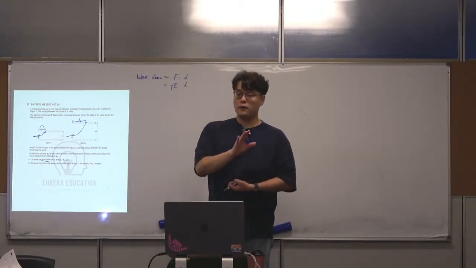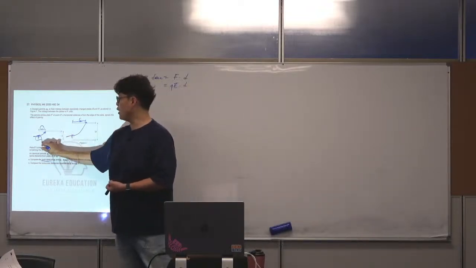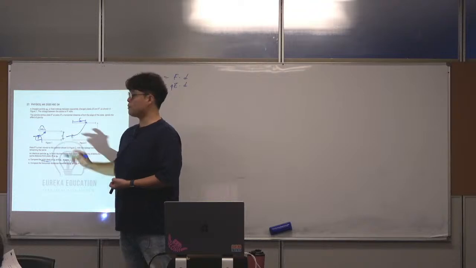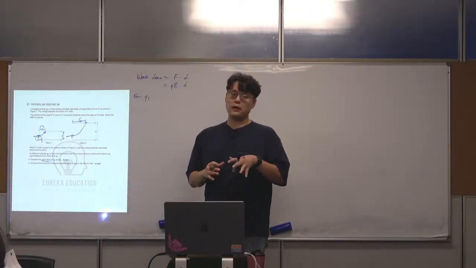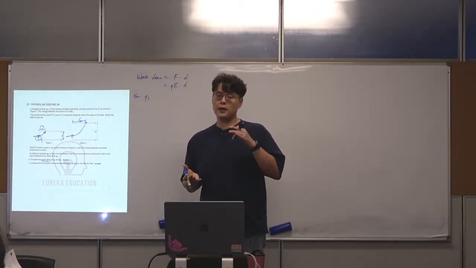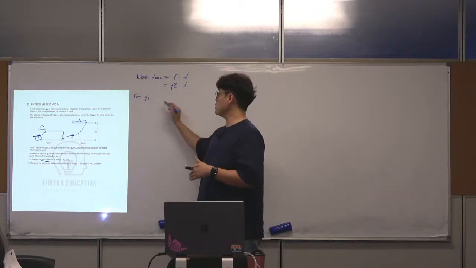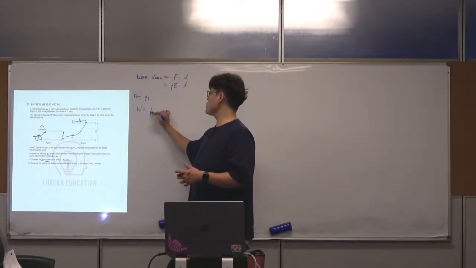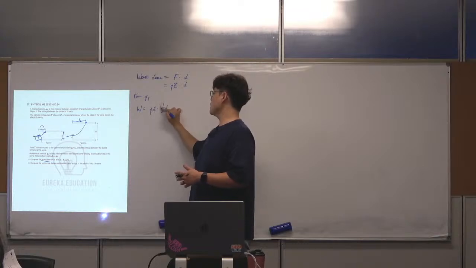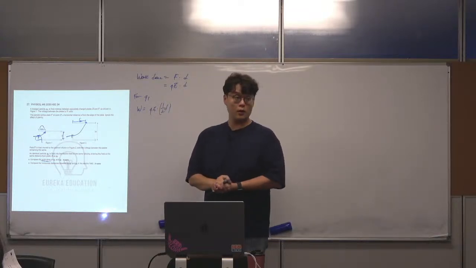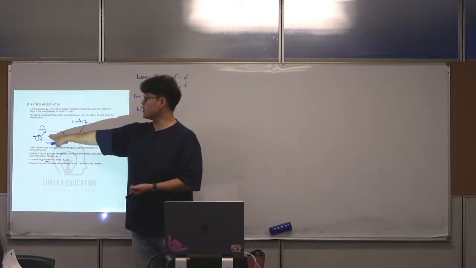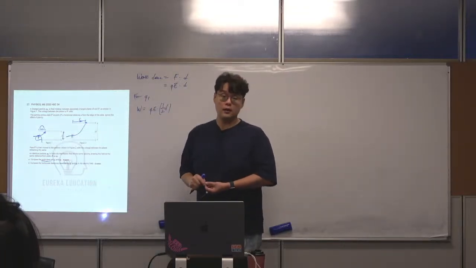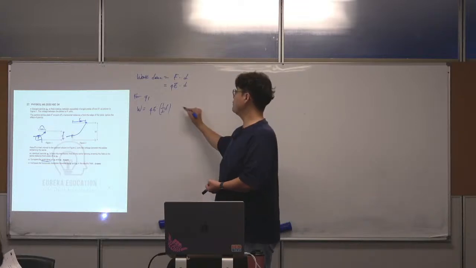Now, for Q1, D is the separation distance, and the particle is shot in the midway of D. So D is now replaced by half D. The work done will be QE times half of D. Where is the half of D coming from? Because it's fired in the midway, it moves only half of that distance. Does it make sense? Okay, that's for Q1.